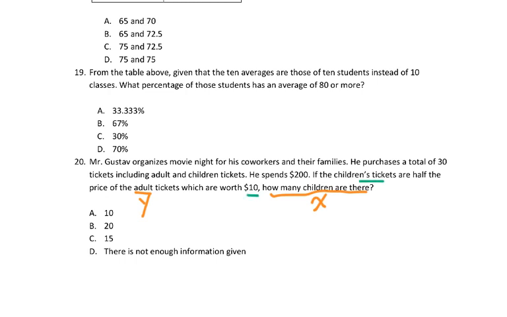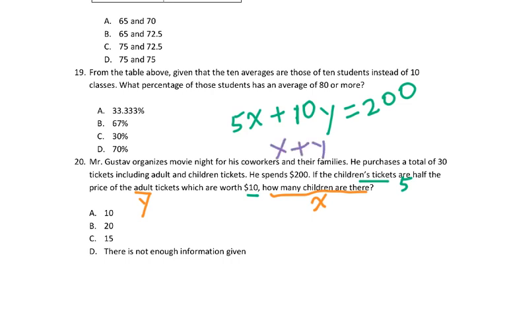Therefore, the children's ticket is half the price of adults, which means $5. So we get 5x plus 10y equals 200. And x plus y should be 30.